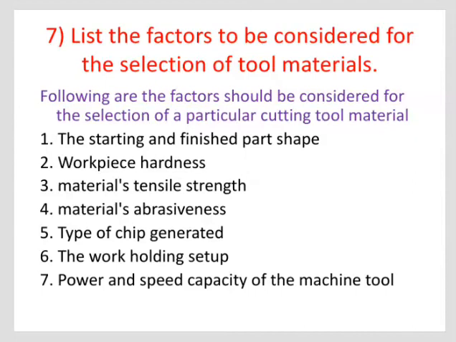Then workpiece hardness, how hard the workpiece is. Then material's tensile strength, then material's abrasiveness, type of chip generated, the work holding setup, power and speed capacity of the machine tool. These are all the factors to be considered for the selection of tool materials.